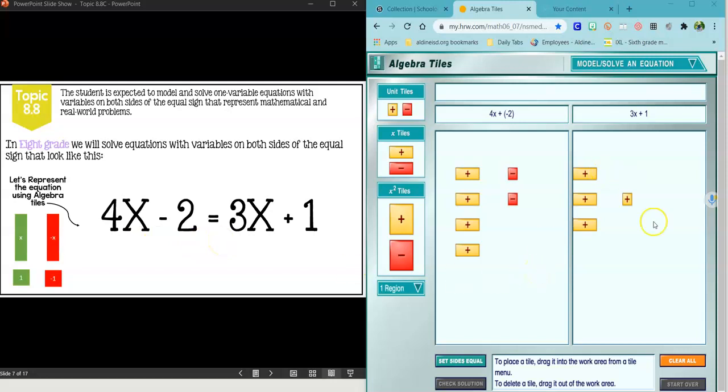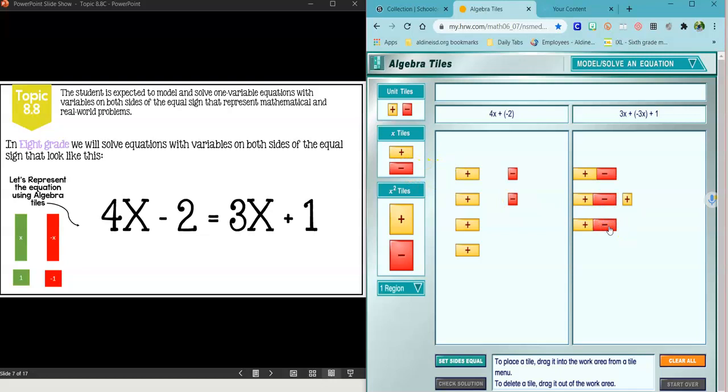And how we're going to do that is using our algebra tiles. So here I have the 3x on the right side, and in order to get rid of that, I need to do the opposite. If they're positive, I need to go ahead and add my negative 3, or subtract.